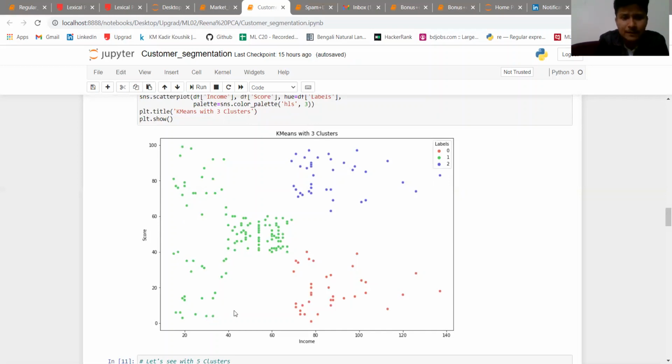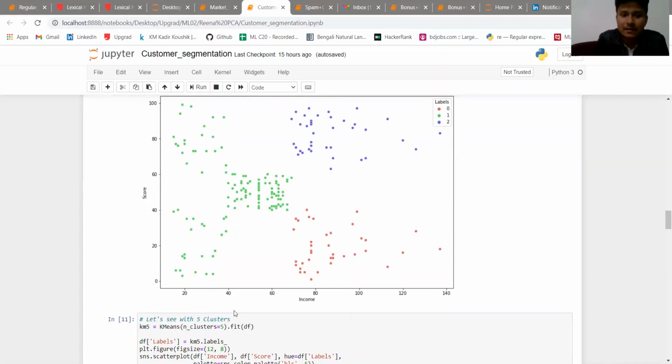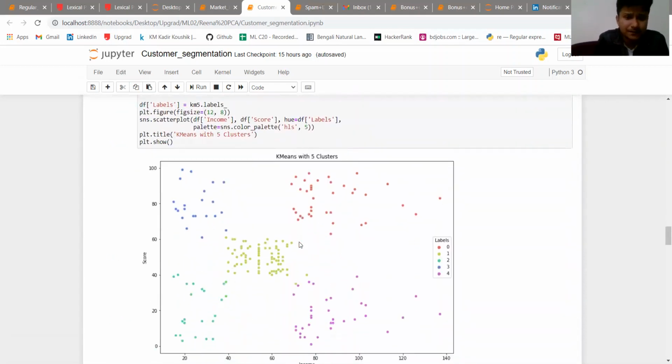So we can obviously get more clusters and segregate them with more clusters. This is one insight we can understand from this cluster visualization. So okay, now let's take 5 clusters.